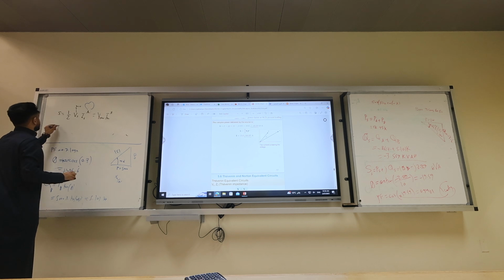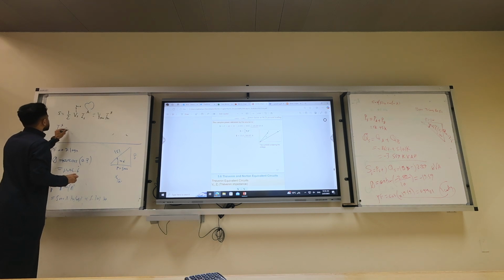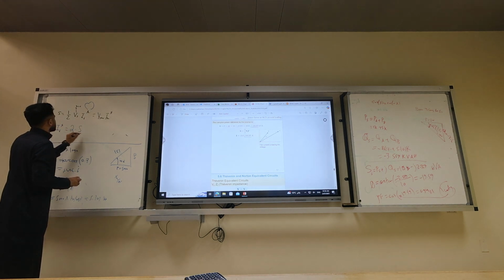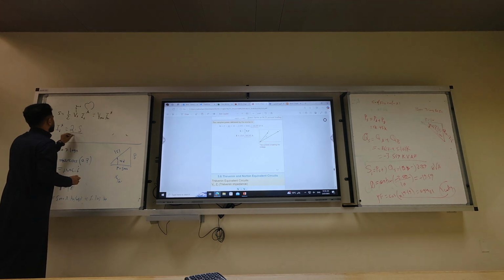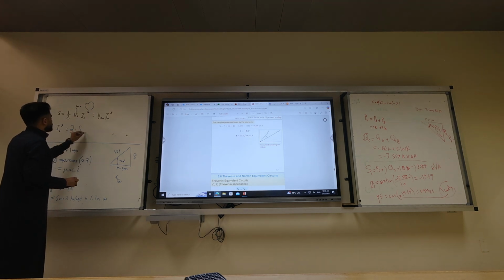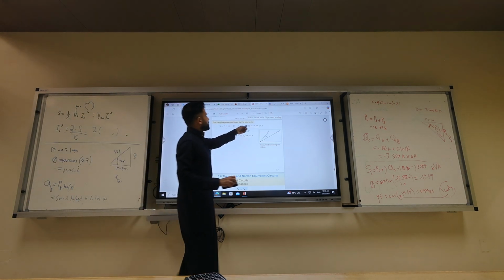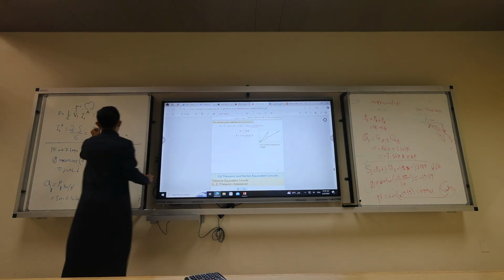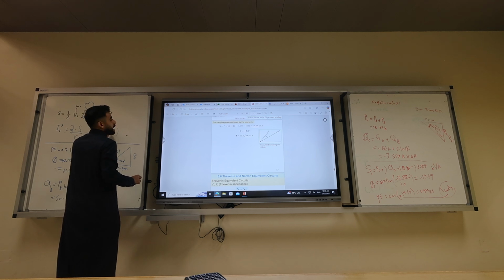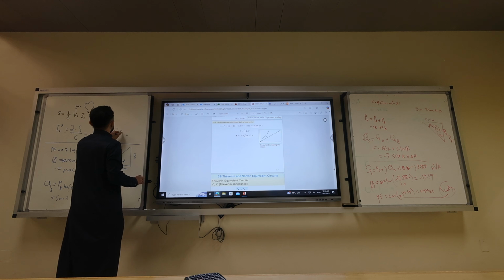So S conjugate is 2 times S divided by Vs, which is 2 times, what is S? 10.6 angle minus 19. This is kilo.